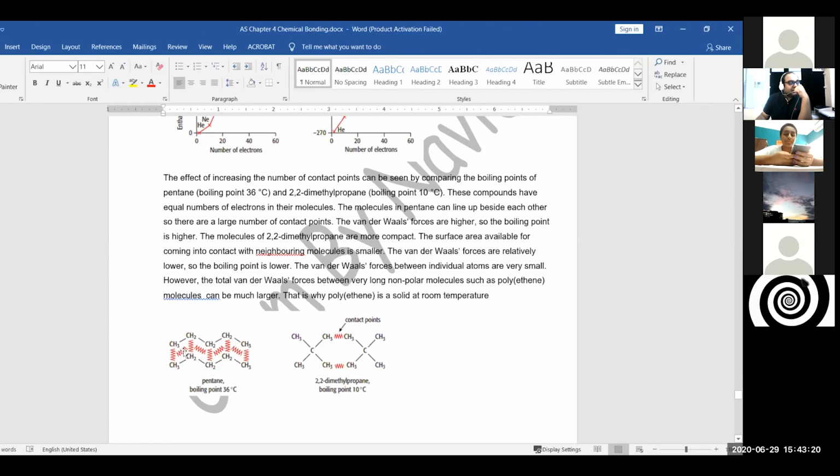Therefore, it has stronger Van der Waals forces, and therefore a higher melting and boiling point. And 2,2 dimethyl propane has fewer contact points. Why? Because they're branched chain hydrocarbons. Since they're branched chain hydrocarbons, they have a low number of contact points, so their melting and boiling point is lower.